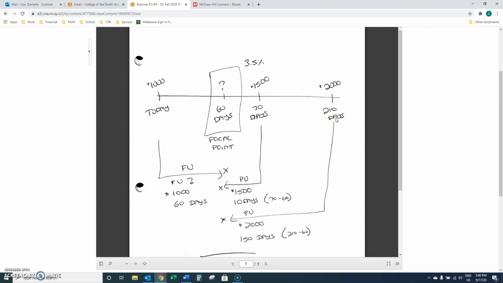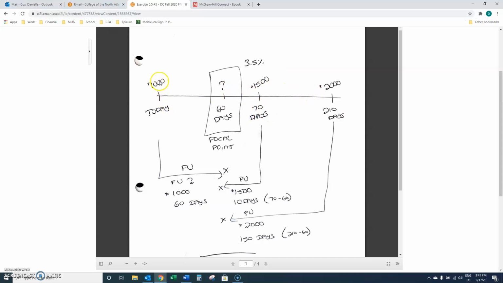Then it says, what single payment 60 days from today is economically equivalent to the payment stream? So 60 days is here, and we're looking to calculate what amount right here is equivalent to these 3 payments, if money can be invested at a rate of 3.5%, which I jotted down up here. Now I can visualize what I need to do.